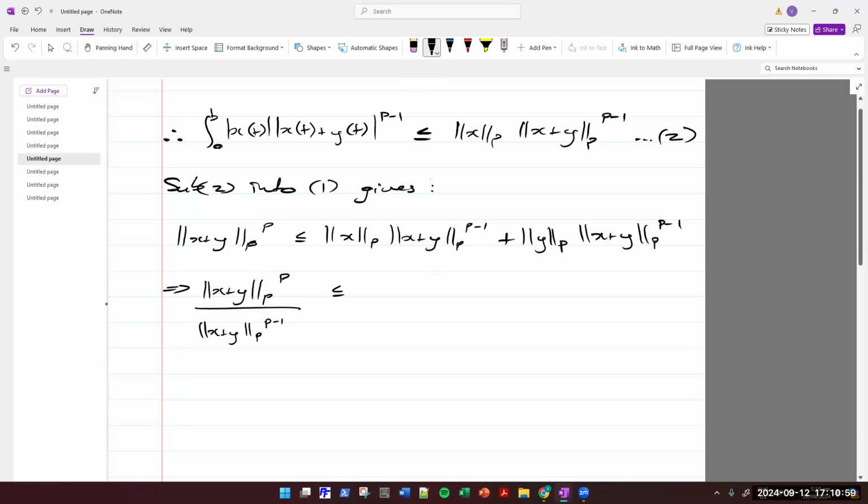And of course, that number is never negative, so I don't have to worry about the sign changing. Xp plus yp. Right, so this thing just gives the norm of x plus y. So you use your rule of indices. So p minus p plus 1 is 1.